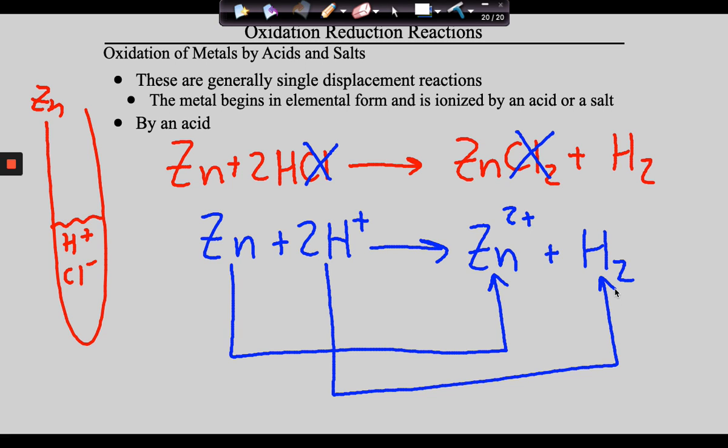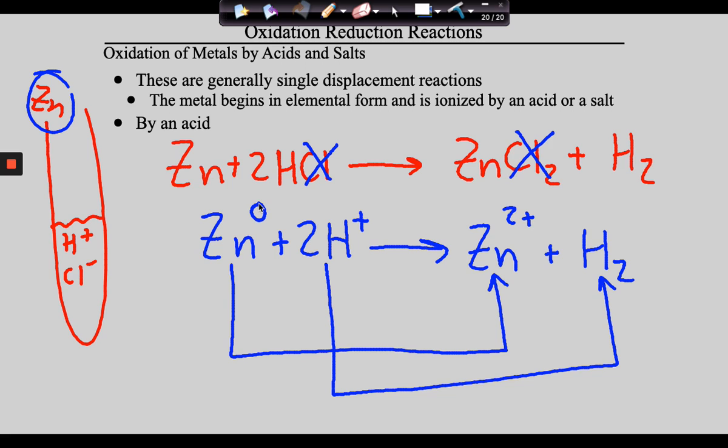We now need to assign charges to these elements, to these species. This is +1, this is +2. What is the charge of zinc before it goes into the juice? 0. All elements in their elemental form have a charge of 0.